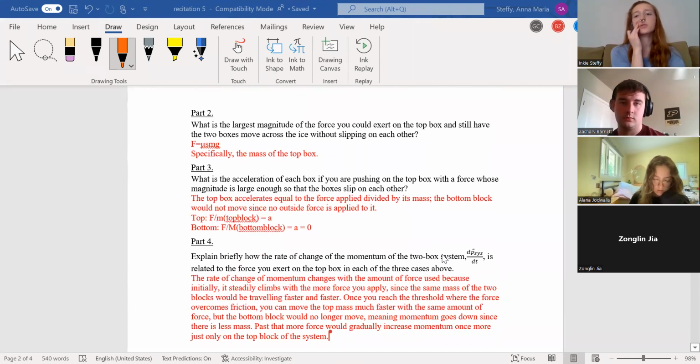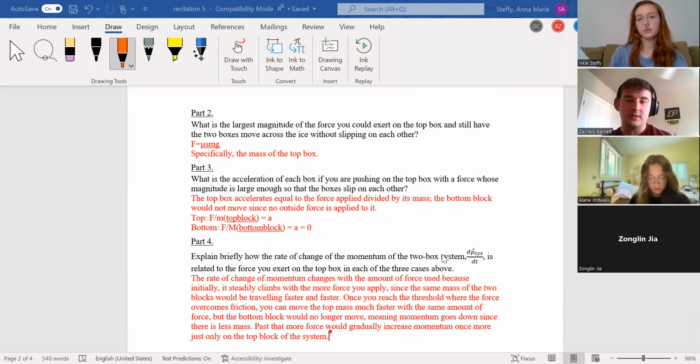So for part two, did you want to explain your answer? Yeah, it's pretty straightforward. For the maximum amount of force that you can apply and the boxes won't slip on each other, I think that's basically saying that the force applied and the friction force are going to be equal to each other, so not one outweighs the other.